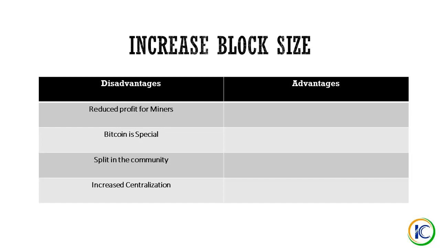This will be a huge disadvantage to small mining pools, and it will give the entire power to the bigger mining pools who have more resources, more computing power, and more hardware to mine Bitcoin, and inevitably Bitcoin mining will become centralized, and there might be a lot of manipulation in the Bitcoin network because of this. So those are a few disadvantages, or a few statements against increasing the block size of the Bitcoin network.